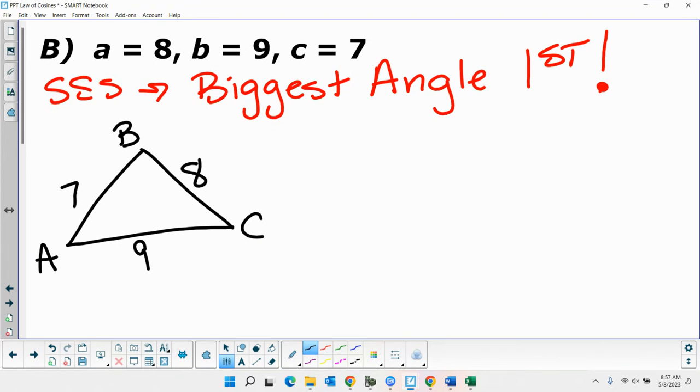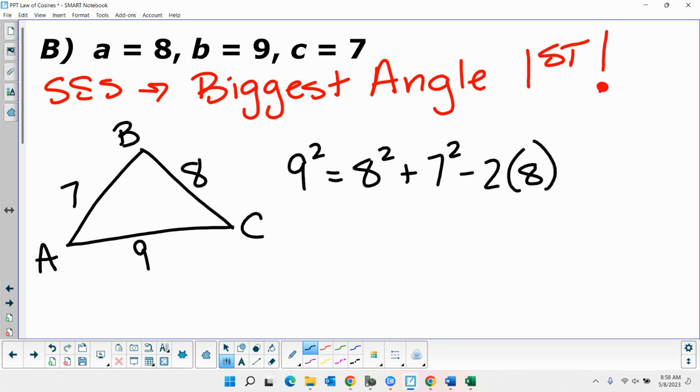Since side B was the longest, angle B is the biggest, so that's the one I'm going to find. So I'm going to start out with b squared equals a squared plus c squared minus 2 times a times c times cosine of angle B.